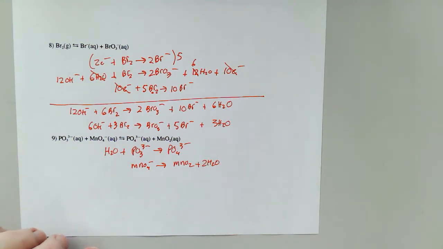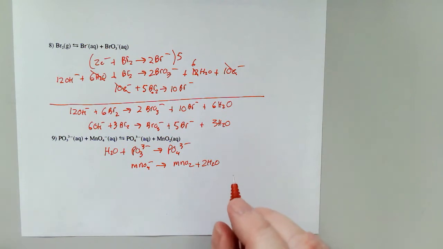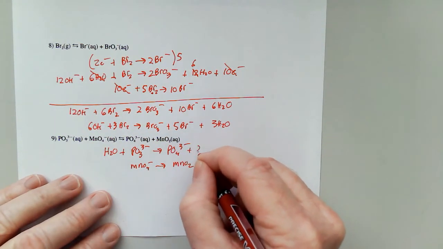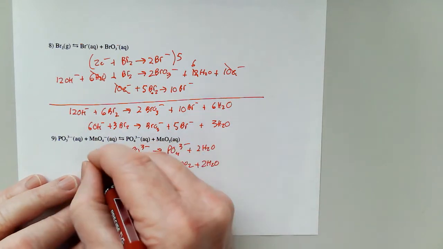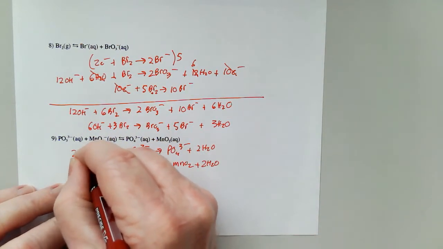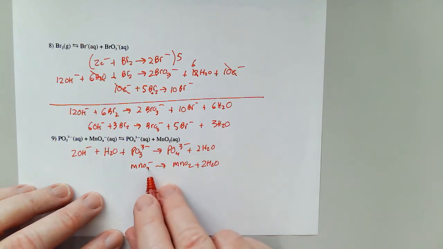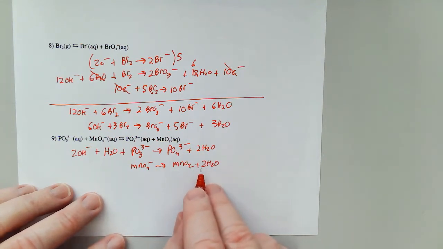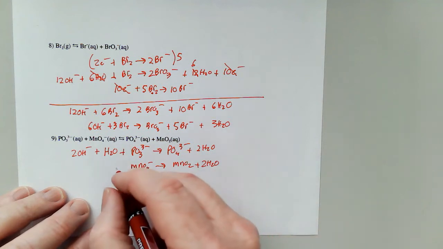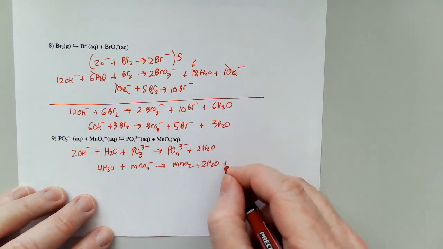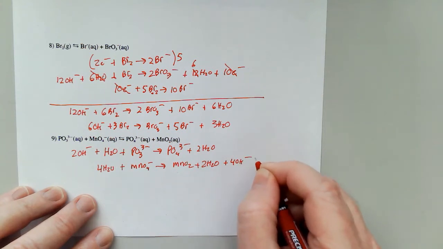All right. Now, hydrogens. 2 there, so 2 waters and 2 hydroxides. 4 oxygens, 2. So 2 times 2 is 4 hydrogens, so 4 waters, and 4 hydroxides.